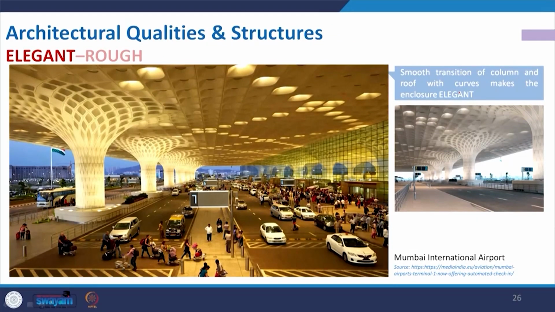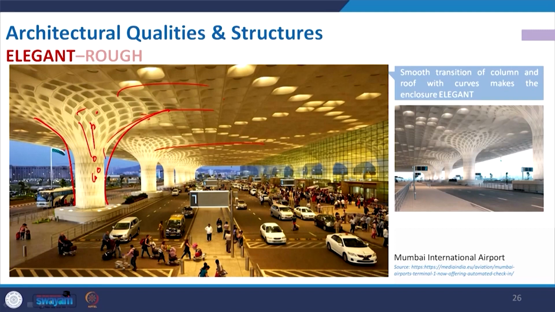Now, this is another example, a terminal building again from India. This is Mumbai International Airport. This is the entrance, and the beauty is in this particular transition. The smooth transition of column and roof with different elements creates something very elegant, beautifully done with small solid and void, shade and light.